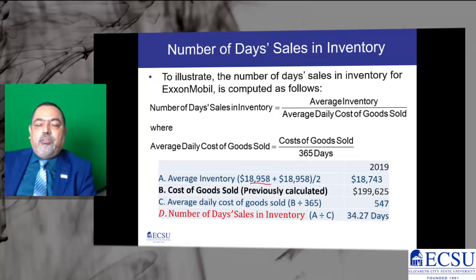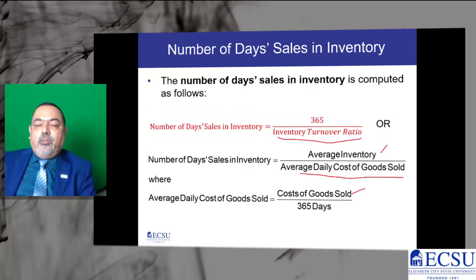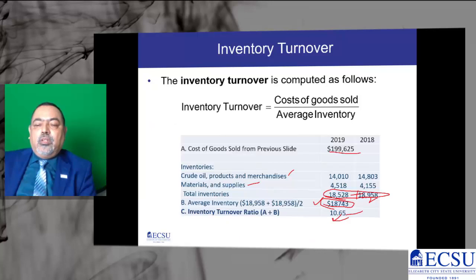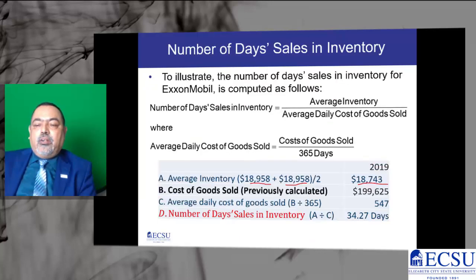This was inventory for 19, inventory for 18 divided by 2 will give you average. Then cost of goods sold, we already calculated. If you look at that figure here, that was the cost of goods sold. So we're taking that, and then you divide by 365 to get an average daily cost of goods sold.